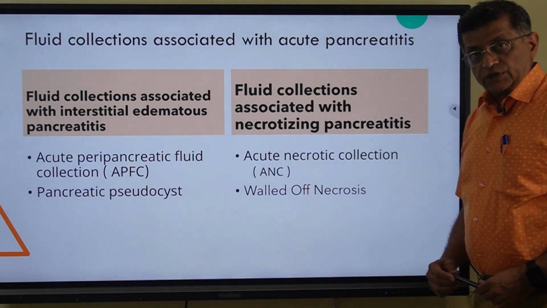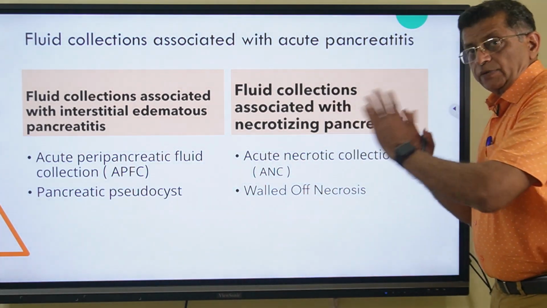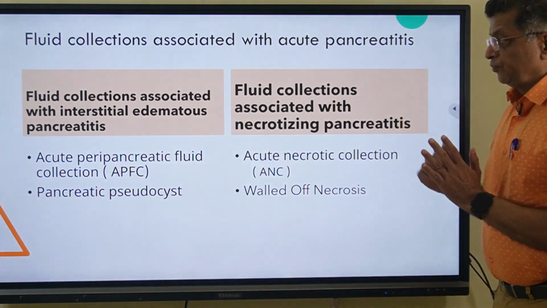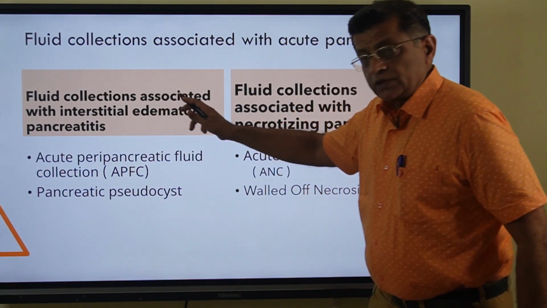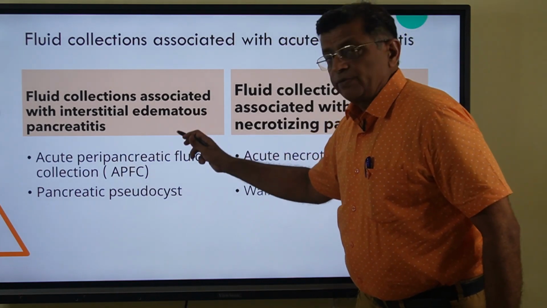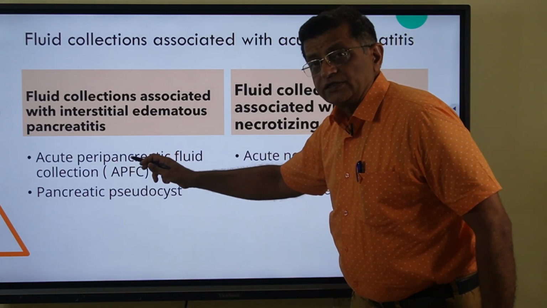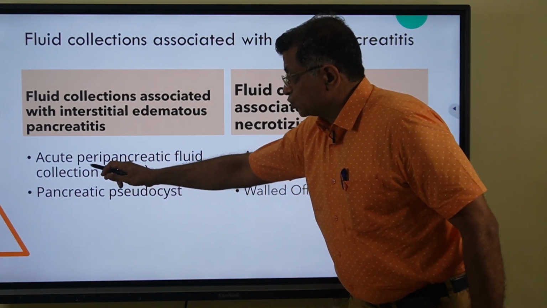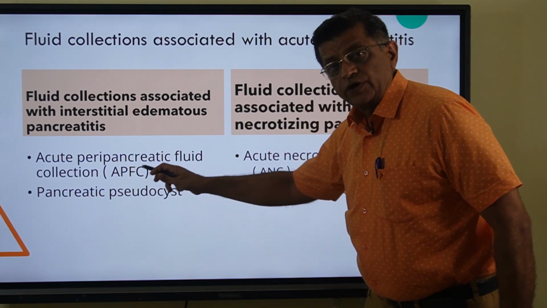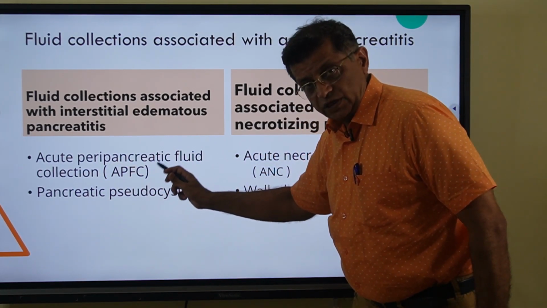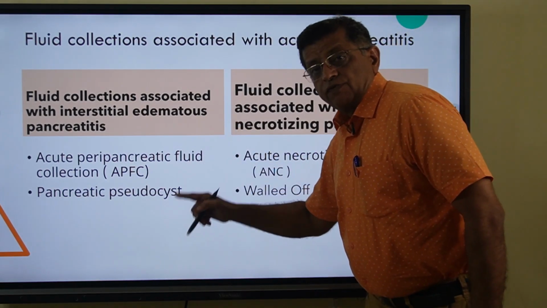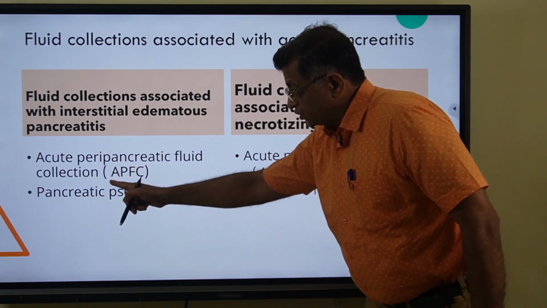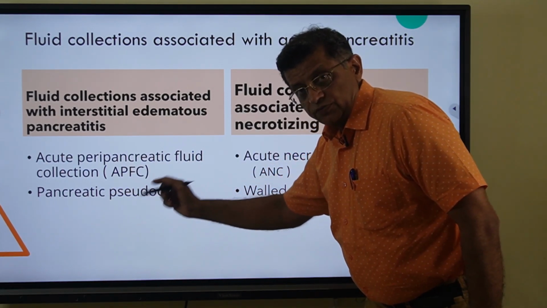Now, fluid collections associated with the two different types of pancreatitis are termed differently. Fluid collections associated with interstitial edematous pancreatitis, if less than 4 weeks in duration, are called acute peripancreatic fluid collection or APFC. After 4 weeks, if the inflammatory wall gets organized, it is called a pancreatic pseudocyst.